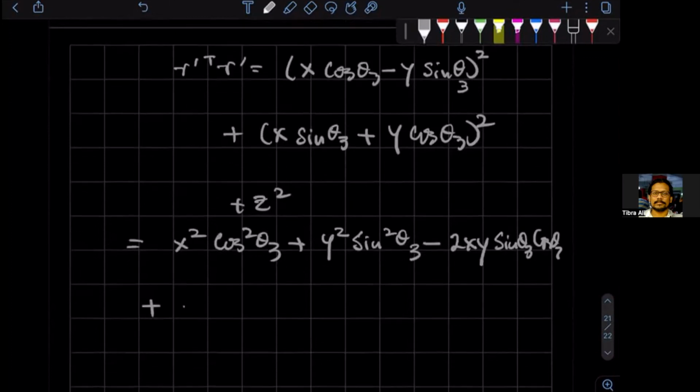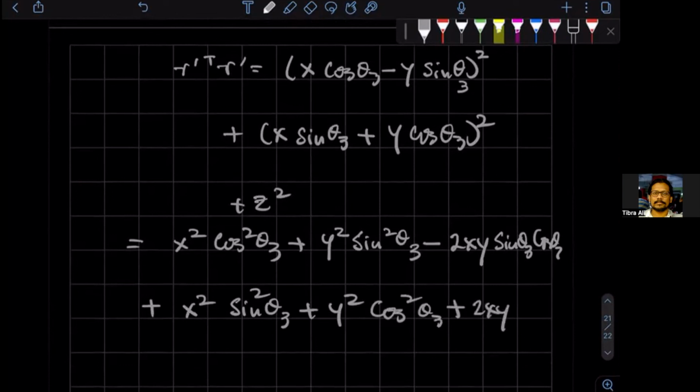Similarly here we get x squared sine squared, and here the sign flips, but I get the same sine and cosine terms, and then z squared.